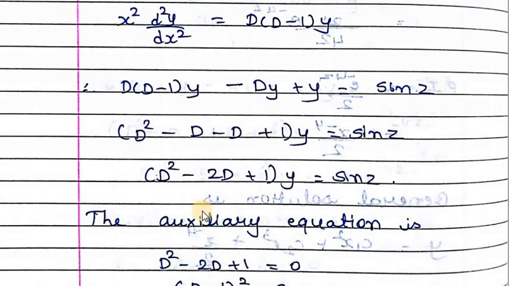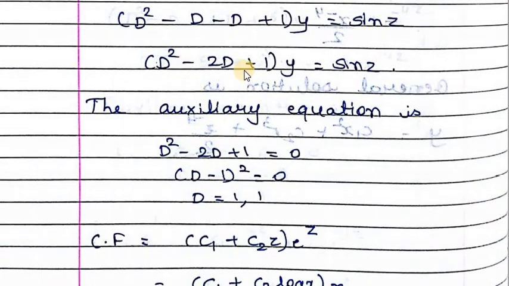Now again this differential equation is of the form f of D y equals R of z. So its solution will be given by y equals CF plus PI, where CF is the complementary function. So first of all we will find out CF. To find CF we have to equate f of D equals 0, and f of D is D square minus 2D plus 1. So D square minus 2D plus 1 equals 0.